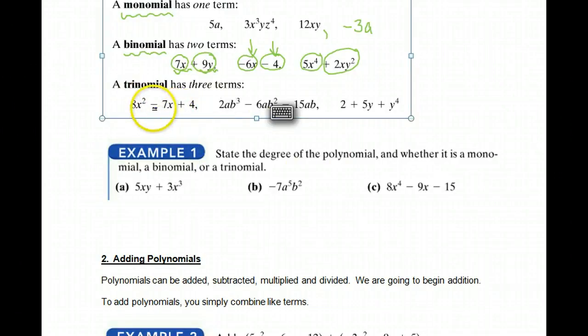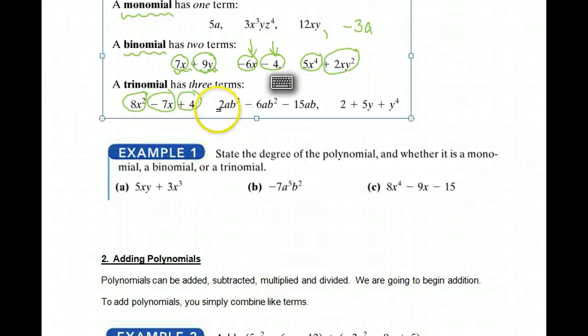Please note that we string our terms together and read it as addition and subtraction, but when we look at the individual terms, we keep those plus and minus signs with the term. So positive 8x squared, negative 7x, and positive 4 are the three terms.